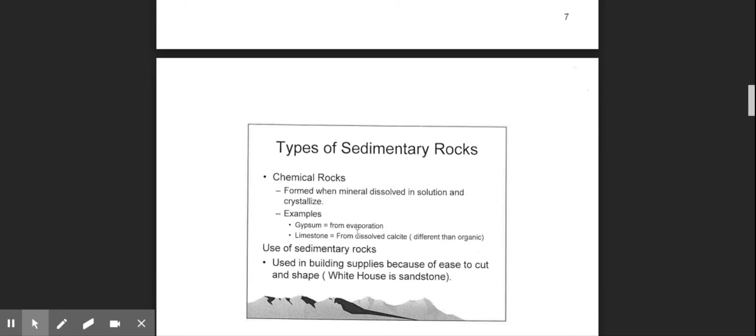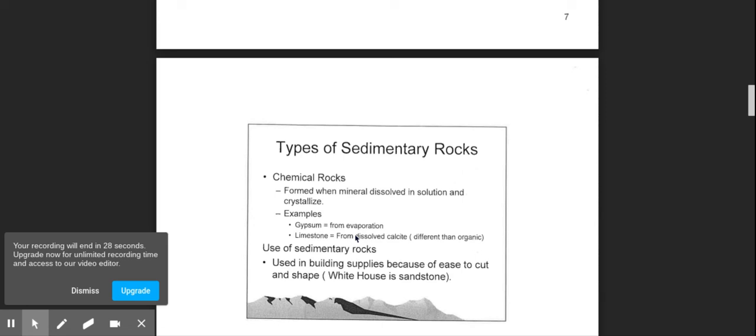Now, limestone, we just said, was a bioclastic rock. Well, those shells and stuff can dissolve in the water, and then the water evaporates, and you are left with a rock behind. All right, so the rock is left behind.